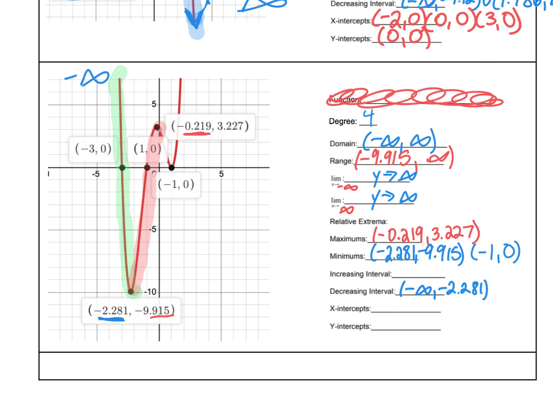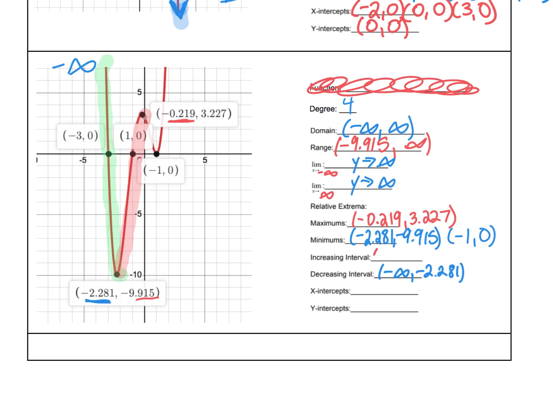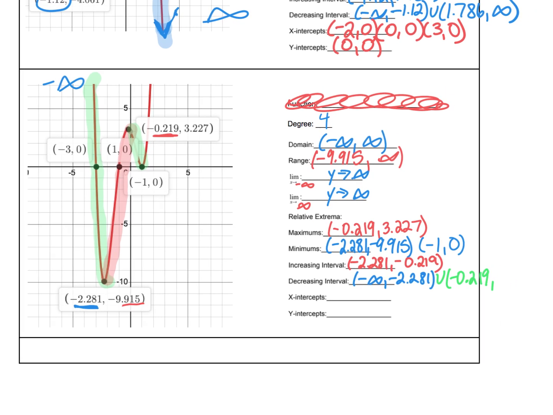So we've got increasing from where we left off, negative 2.281 to negative 0.219. Then we look at the roller coaster. We're back to decreasing here. Okay, so picking right back up where we left off at negative 0.219, and we are going to the point, so I just need the x value, which is 1.